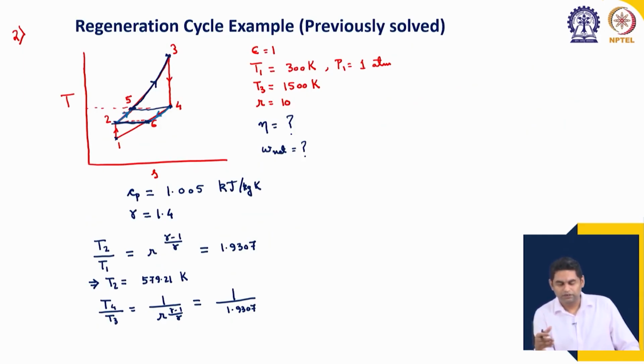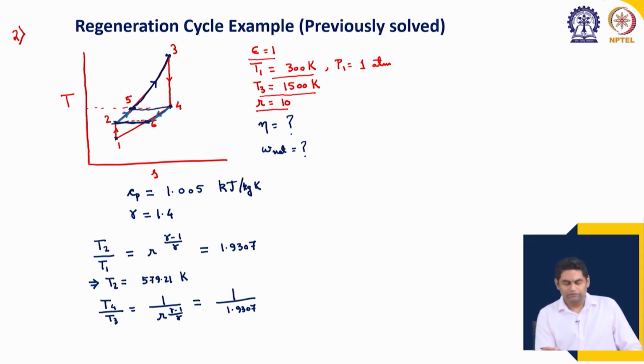The parameters we had taken were an inlet air condition or ambient temperature of 300 Kelvin, maximum temperature or turbine inlet temperature of 1500 Kelvin, and pressure ratio of 10. If a regenerator is present, as in this case, for these ideal cases we always assume that the effectiveness is 1.